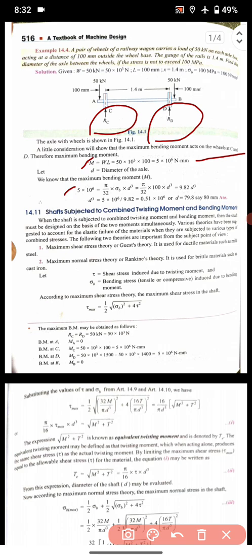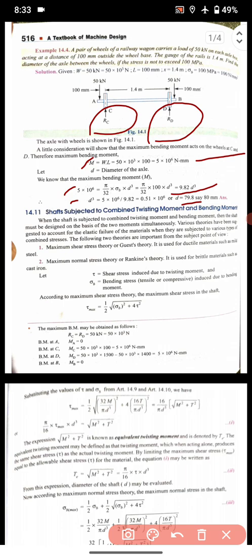So pi by 32 times sigma B, which is given as 100 MPa, into D cube, is equal to the bending moment in newton millimeter. From there we can find the diameter as 79.8, meaning 80 millimeter.